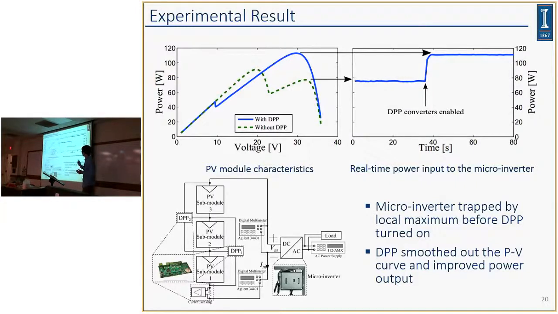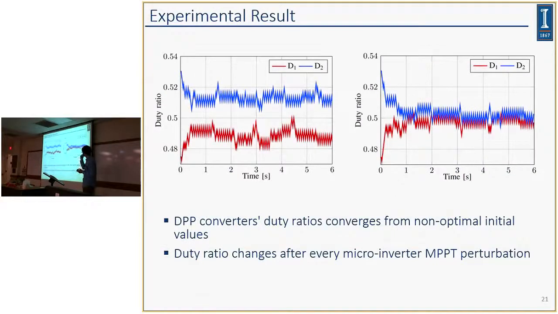power from the system. Here we are showing, for different situations, the evolution of the duty ratio. We start from a random initial point, and it quickly converges to the optimal value. Every 1 second, the microinverter will update its voltage reference.